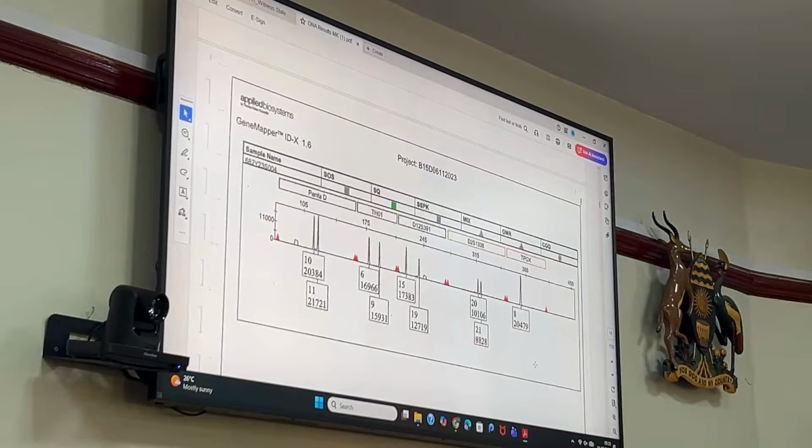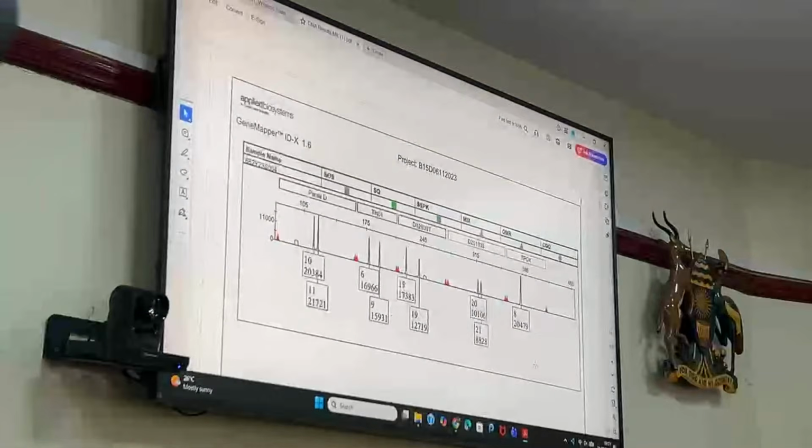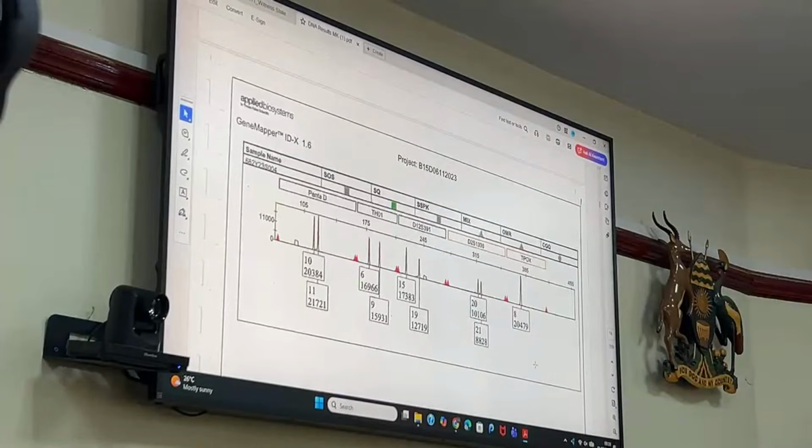Molly Katanga's DNA profile would be a sequence of numbers with each number representing each individual piece of information, but those numbers are in a specific sequence and must be attributed to the area of the DNA molecule.